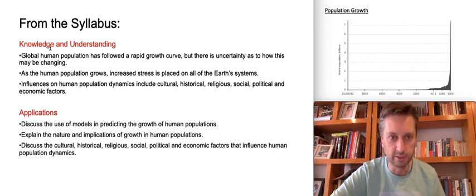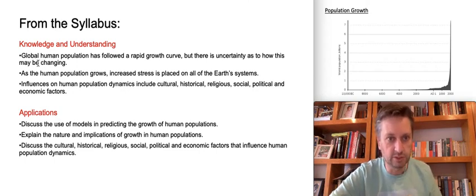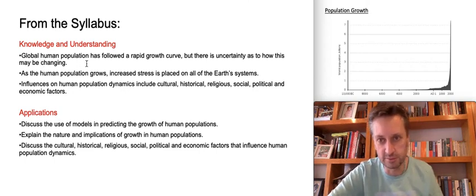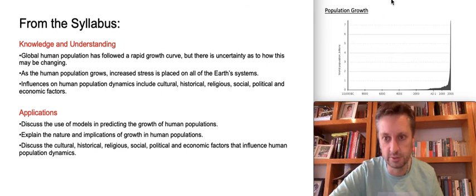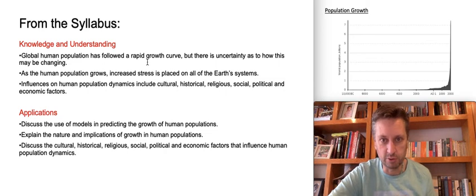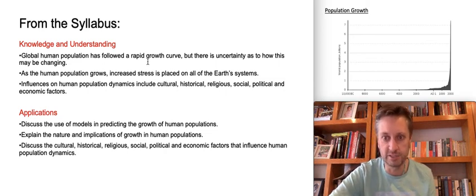So very quickly, in terms of population change, the syllabus says, in terms of knowledge and understanding, you need to know that human population has this kind of graph behind it. It's a rapid growth curve, and we need to consider how it's going to change in the future.